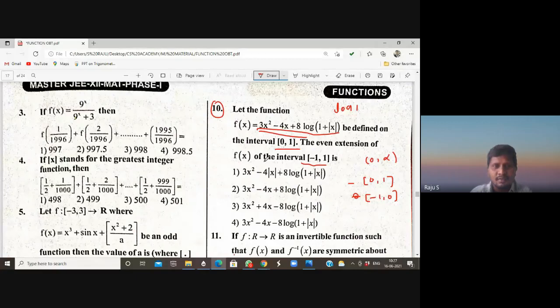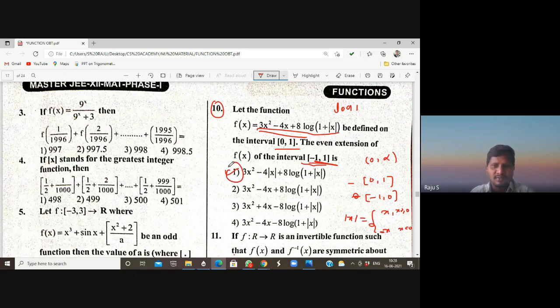Yes, students? From minus 1 to 1, it should satisfy both the conditions, only the first option. Why? Modulus x has two cases, x greater than or equal to 0, x lesser than 0. Both will cover minus 4x value and plus 4x value. Correct? x greater than 0, minus x lesser than 0.